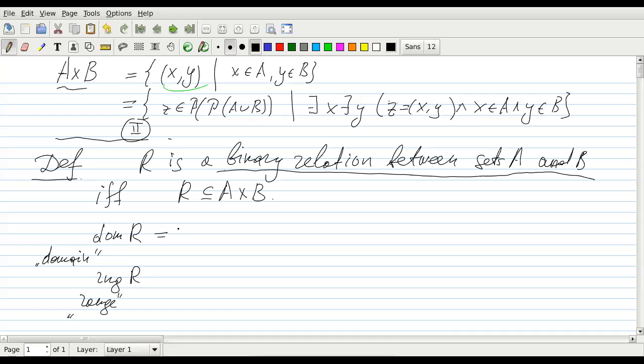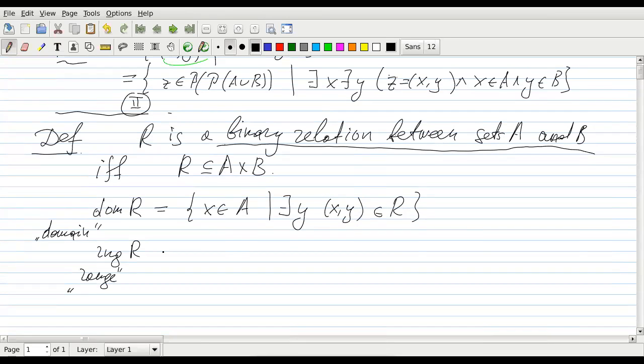Its domain is the set of all elements which really are first coordinates of the pairs in R. So this is the set of all such x's, from A of course, such that for some y, (x, y) is an element of R. And range is a dual concept.